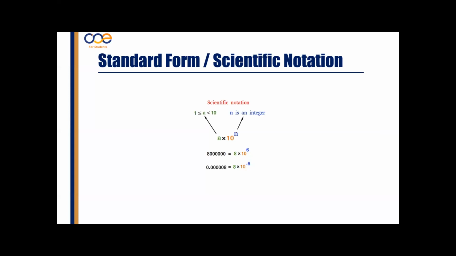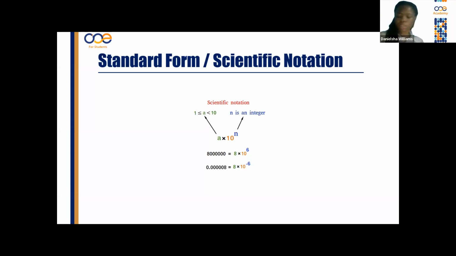Yes, ma'am. Okay, so when we start to look at scientific notation or standard form, last week we looked at the general form of scientific notation or standard form. It is a term A, and sometimes you will see on the internet that the A is capitalized. This term A must be less than 10, and it can be either equal to 1 or greater than 1. You can tell what the value is going to be based on the numeral that you're given.